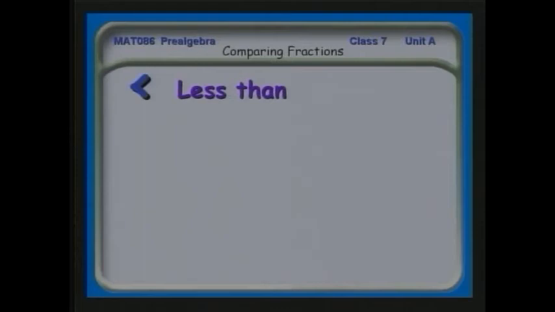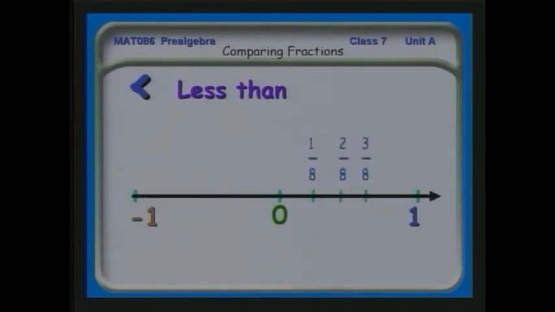Now let's talk about what's less than what in the fraction world. There is that line between 0 and 1 divided into 1/8, 2/8, which is 1/4, and 3/8. Now we can do the same thing negative. Going the other way, we have minus 1/8, minus 2/8, minus 3/8.